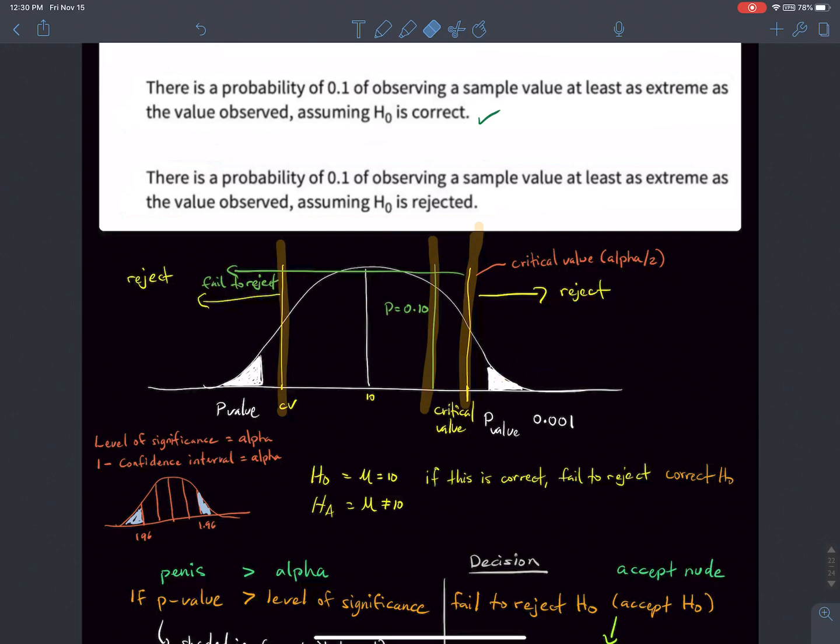You have to add both. So if I want to say p-value is 0.001, oh sorry, not 0.001, p-value here is 10%. So if I want to split it, if I'm doing a two-tailed test, I have to divide it by 2.